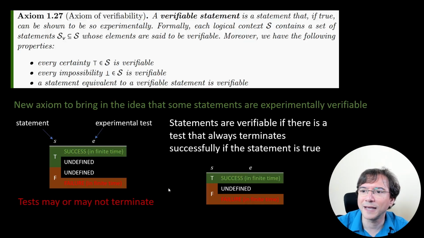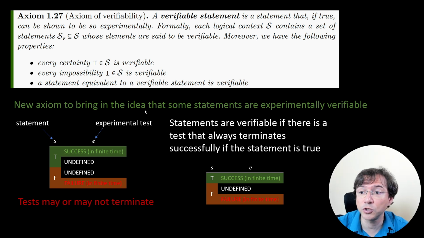So how do we formalize that? Well, we are going to have to introduce another axiom because we didn't say anything about verifiability before, so we need to say that these things exist. And again, conceptually, a verifiable statement is a statement that, if true, can be shown so experimentally. We have a test, and we can use this test to show that these things happen experimentally.